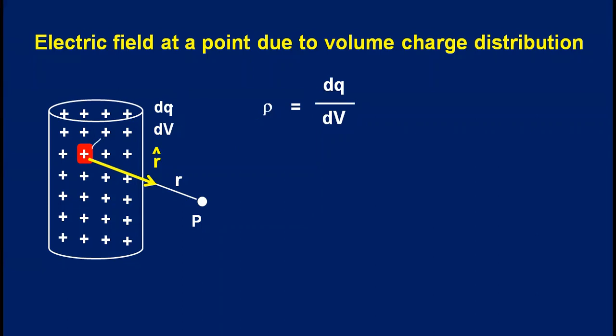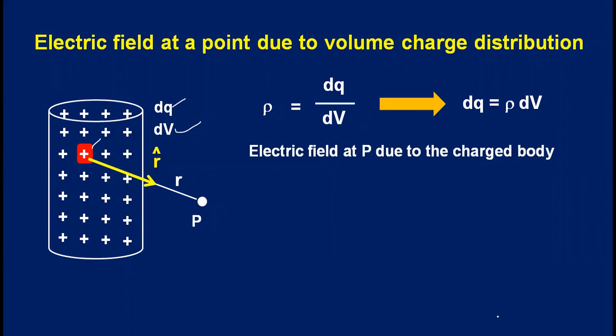How much charge is present in the charge element? It is dq. What is its volume? dV. Therefore, dq by dV is going to give me volume charge density. Now, on cross multiplying, I get dq equal to rho times dV.